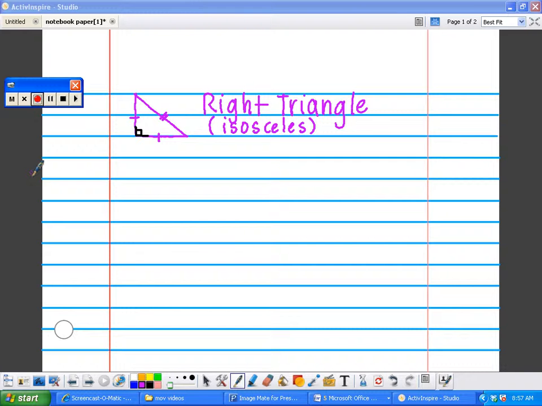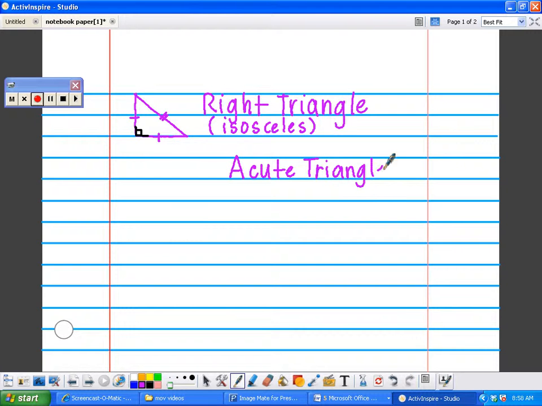Okay, let's look at the next one in your book. It's called an acute triangle. What do you think it has? An acute angle somewhere. Look at the definition. It says an acute triangle has 3 acute angles.